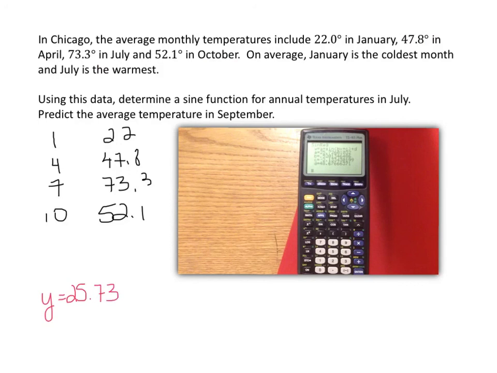So there's a times the sine. In parentheses, I can put that b value, which is 0.52, times x, plus the c that they give me, which is negative 2.13. Close my parentheses and then add d to the end. That's 48.68.